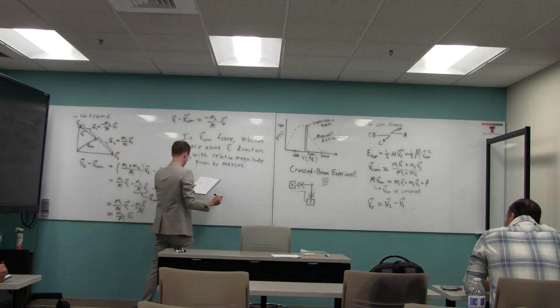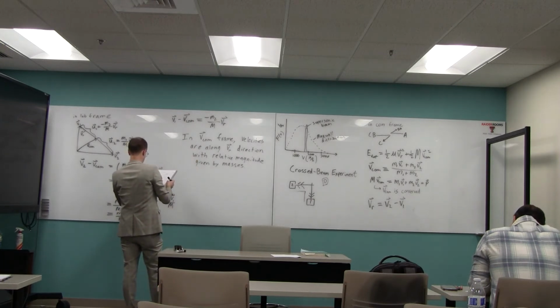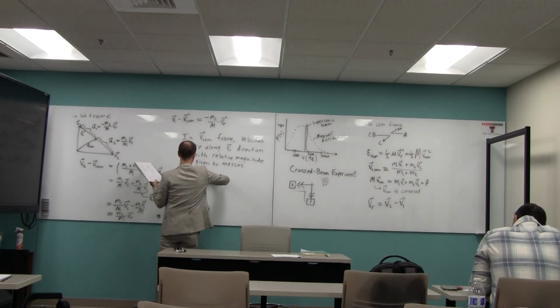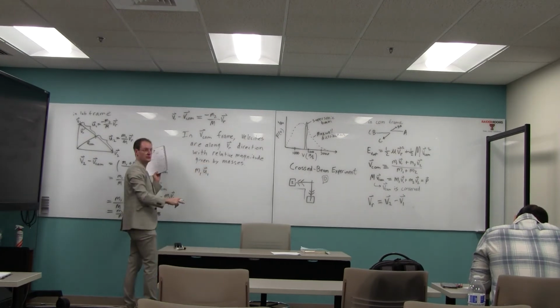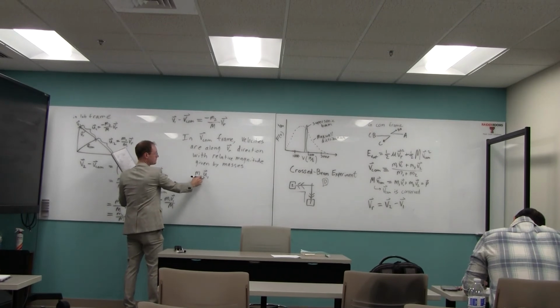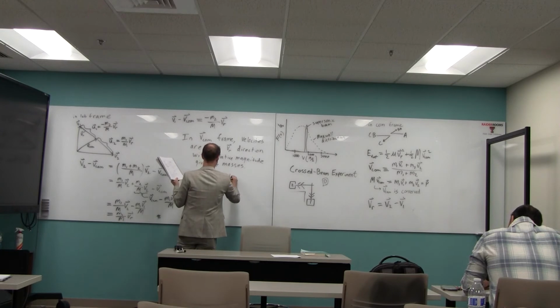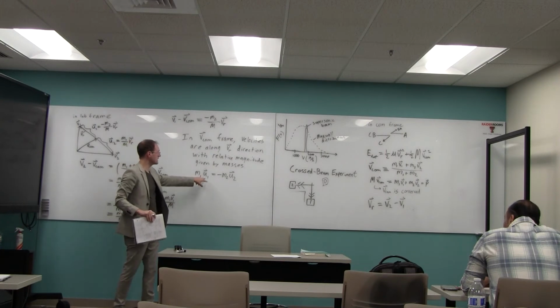And in fact, if you look at the momentum in the center of mass frame, right, m1 times u1, this is the center of mass component of velocity, equals minus m2 times u2, right? So in this center of mass frame, the momenta are equal and opposite.